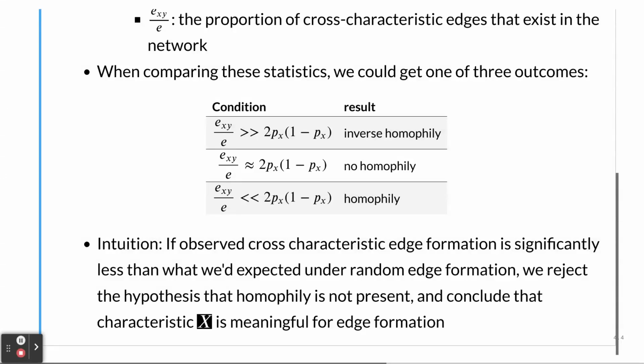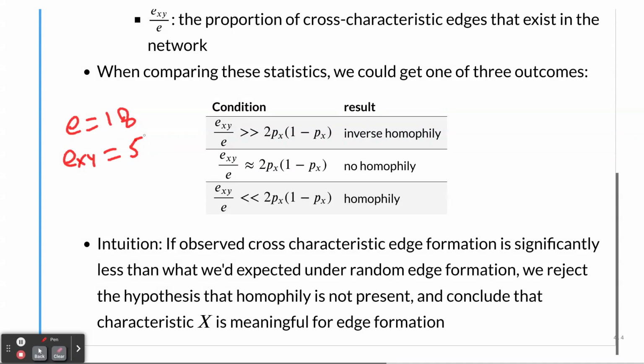So let's work through a quick example. Suppose we have a network, and right now I'm just going to write down some of these key numbers. I'm not going to draw the whole network out. Suppose that there are a total of 18 edges in our network, and we'll say that EXY, the number of cross-characteristic edges, is 5.